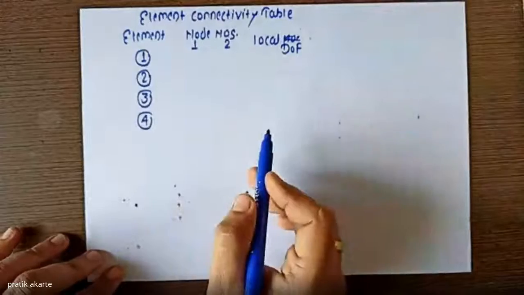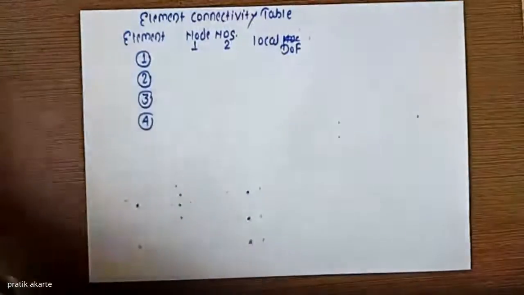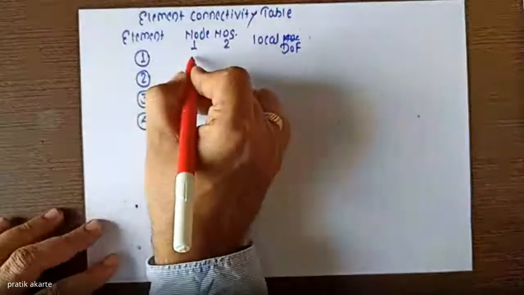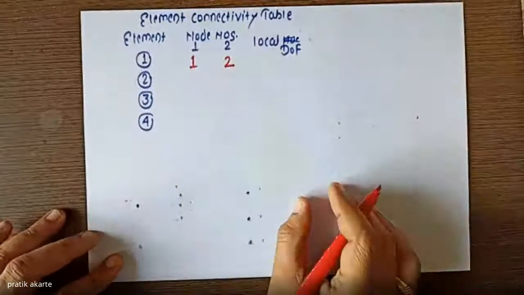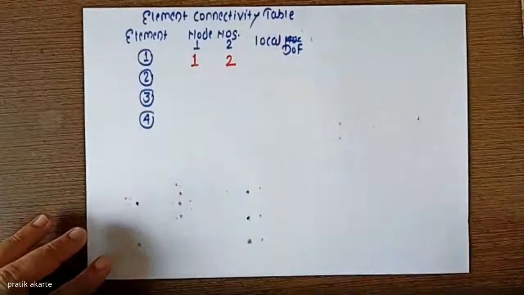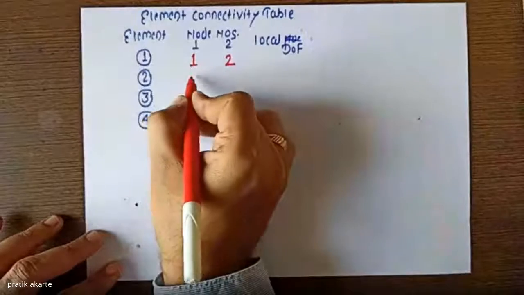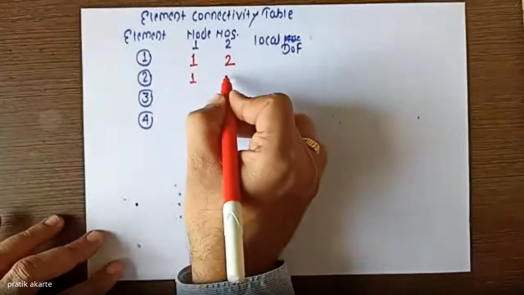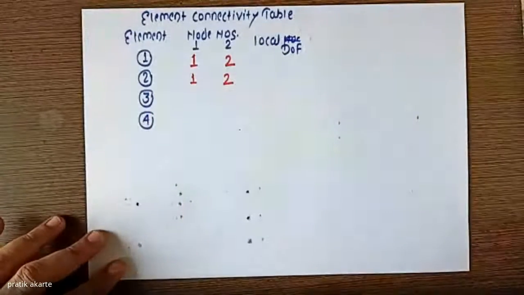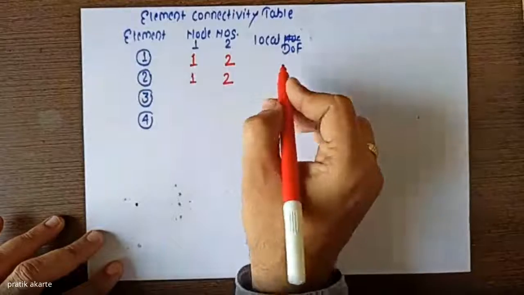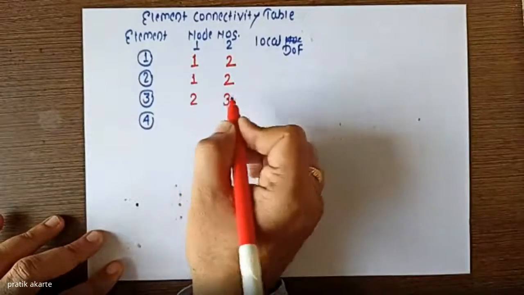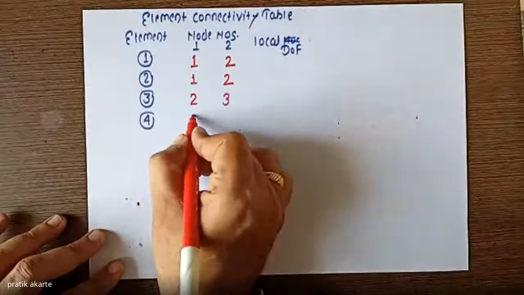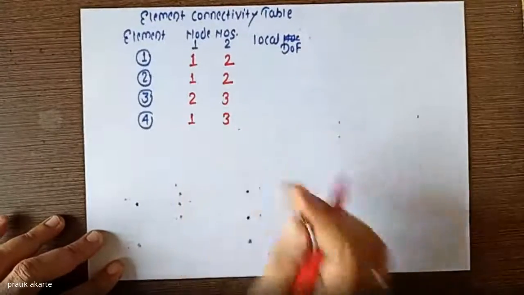Now for element number 1, I have the global node numbers 1 and 2 from the diagram. For the second also, I have the global node numbers 1 and 2. For the third, it is 2 and 3. And for the fourth, it is 1 and 3.